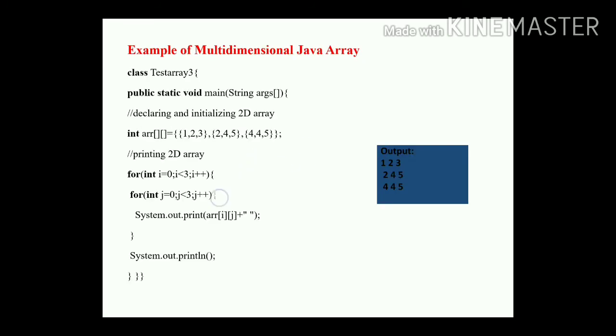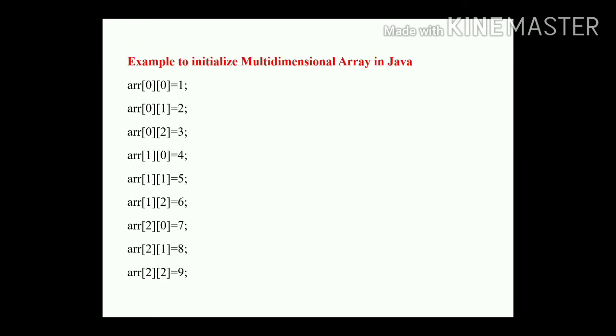Example: array, the index value starts from 0, the value is 1; array 0 1 is 2, 0 2 is 3, array 1 0 is 4, array 1 1 is 5, array 1 2 is 6.